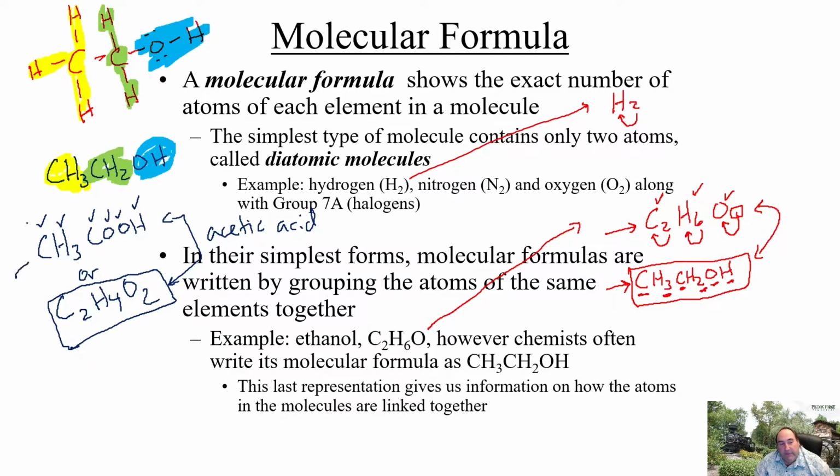Now, this particular formula, the way it's written, gives you a lot more information about how it's connected. So if you were to draw acetic acid, it will look something like this. And I'll give it the old college try here. A little bit of drawing here. A little bit of carbon.